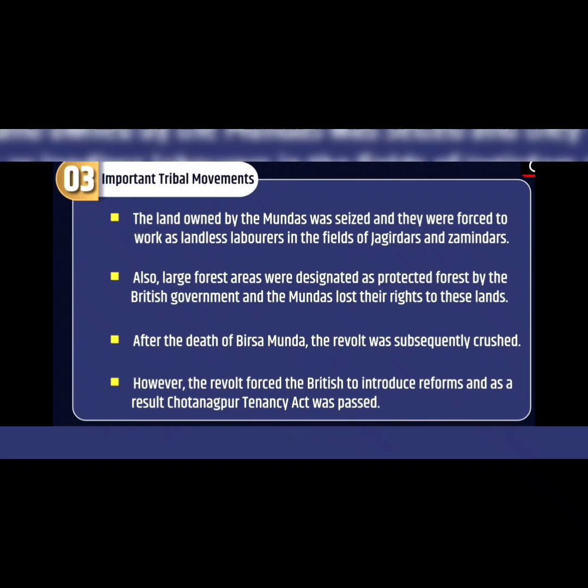Also, large forest areas were designated as protected forest by the British government and the Mundas lost their rights to these lands. After the death of Birsa Munda, the revolt was subsequently crushed. However, the revolt forced the British to introduce reforms and as a result, the Chota Nagpur Tenancy Act was passed.